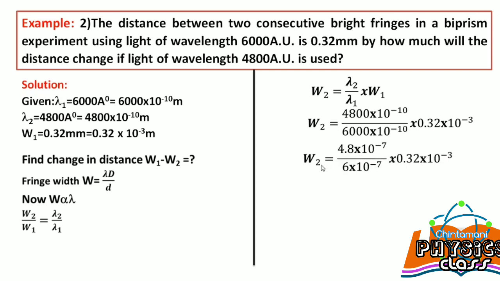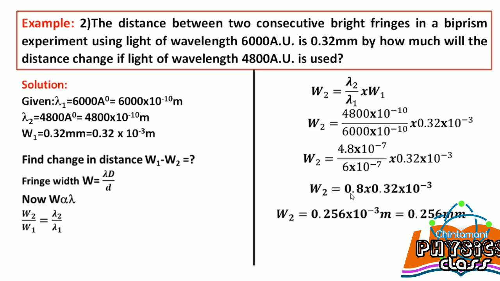Now the decimal point gets shifted. W2 is equal to 4.8 into 10 raised to minus 7 divided by 6 into 10 raised to minus 7 into 0.32 into 10 raised to minus 3. The 10 raised to minus 7 and 10 raised to minus 7 get cancelled. Now 4.8 divided by 6 is 0.8, multiplied by 0.32 into 10 raised to minus 3.